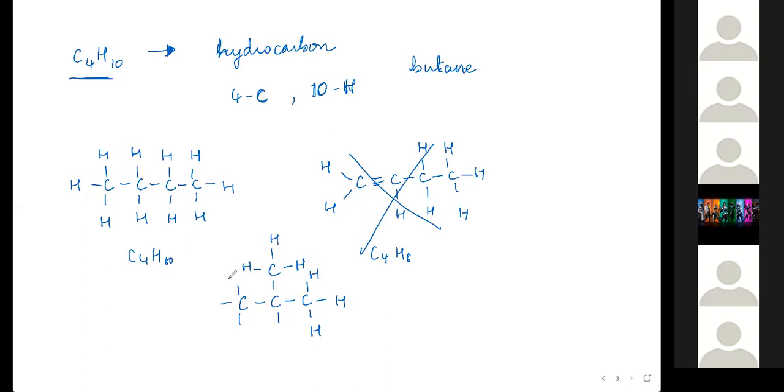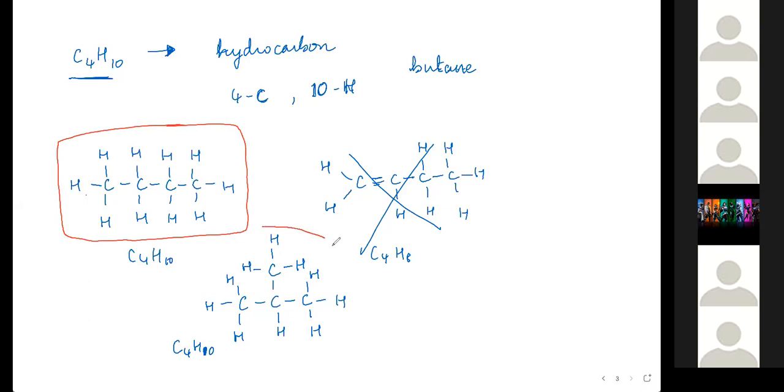Yes. So C4H10 आ रहा है. So basically, this particular compound is also C4H10, and this particular compound is also C4H10.